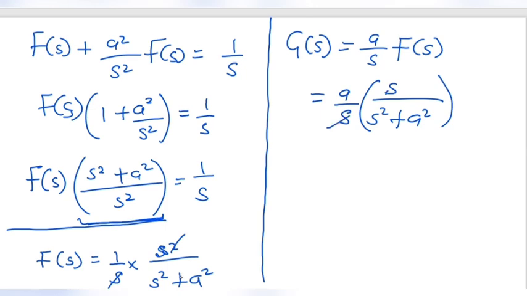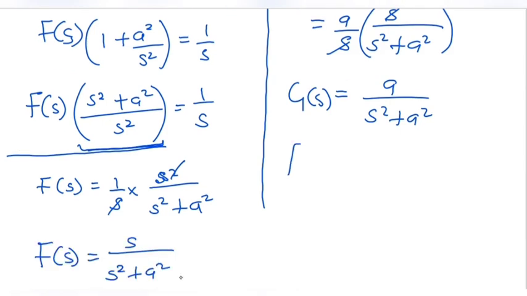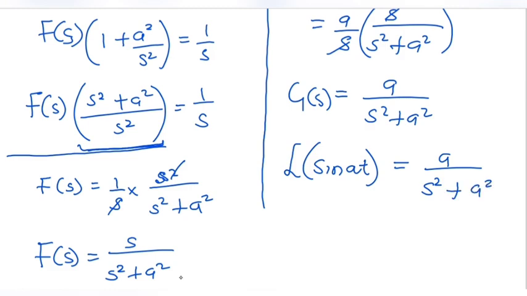This cancels out and we're going to have a over x squared plus a squared as our g of x. And what is g of x? The Laplace transform of sine at, which is a all over x squared plus a squared.